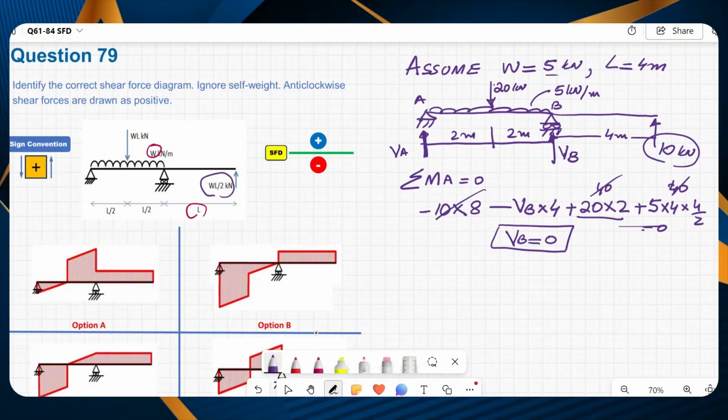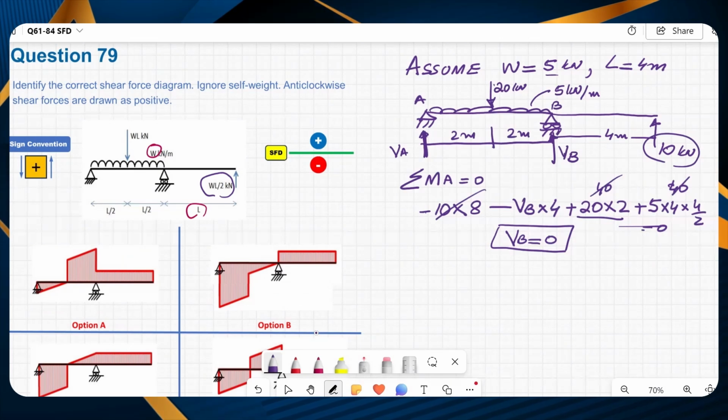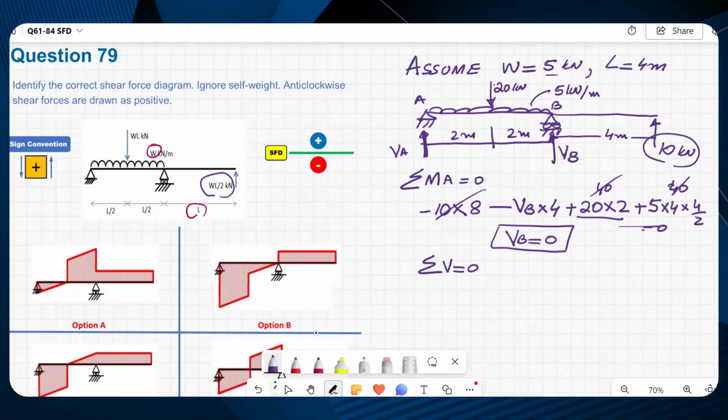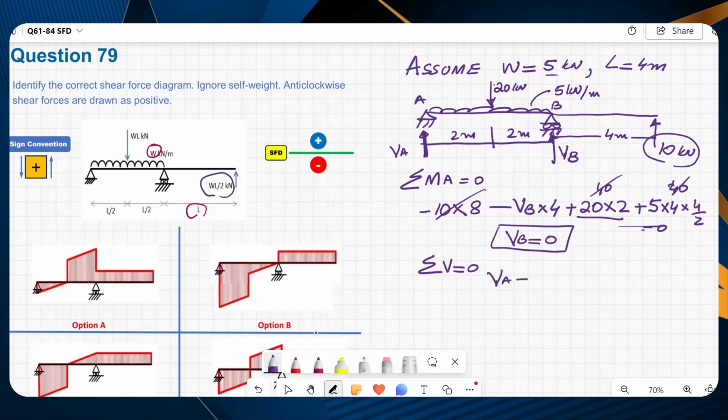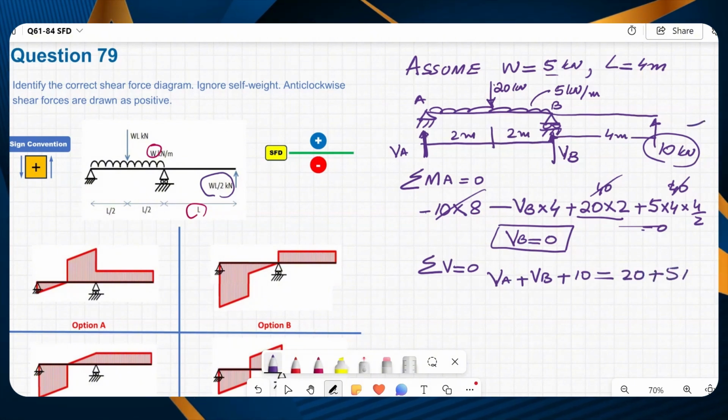When VB is 0, the entire force is taken by VA. It means we will sum up all the forces. So I will say summation of vertical forces is equal to 0. VA plus VB plus 10, 10 is this load, plus 20 plus 5 times 4 is the UDL.